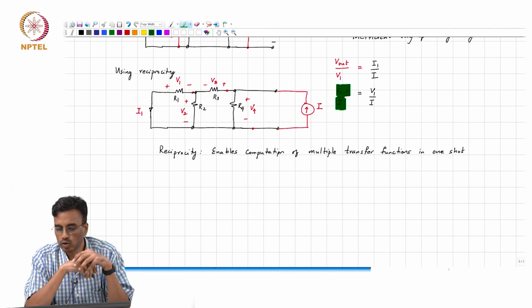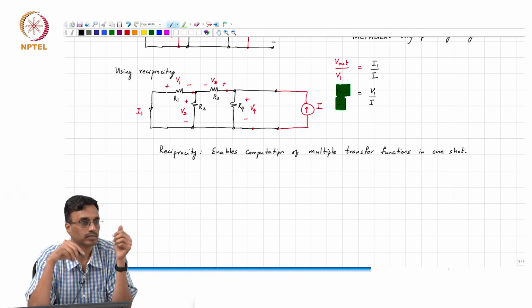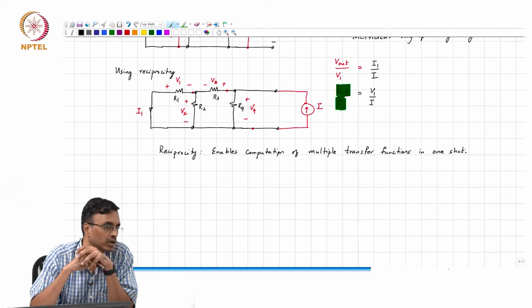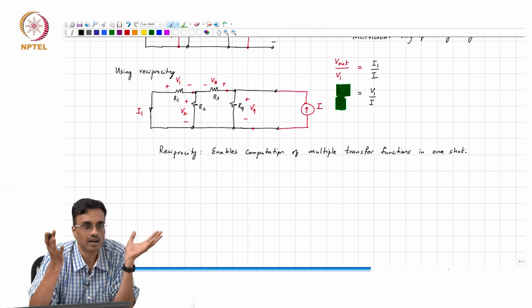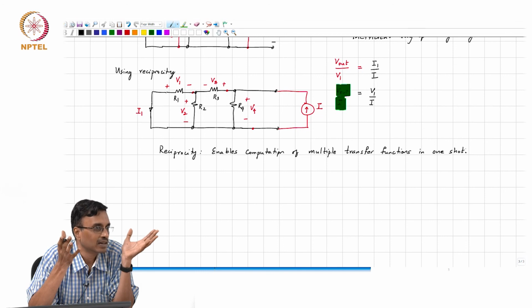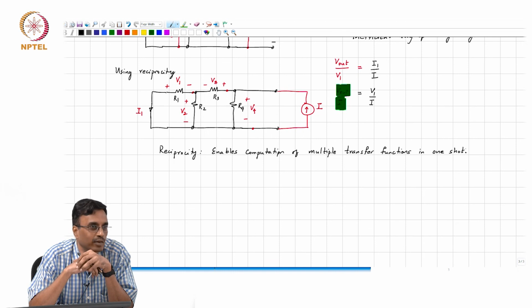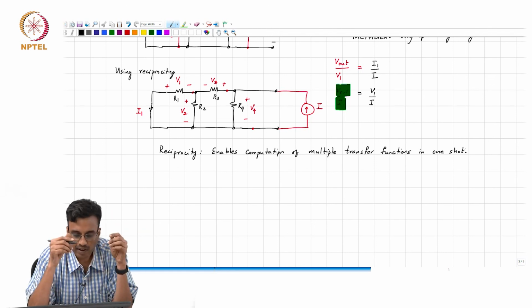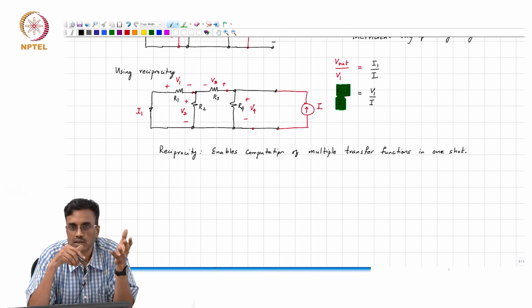Now, however, there is one limitation, and what is that limitation? This obviously sounds like a great idea, right? Except that it does not hold in networks that we are most interested in. Passive networks are great, but most of the time we are dealing with active networks, and active networks have control sources, correct?